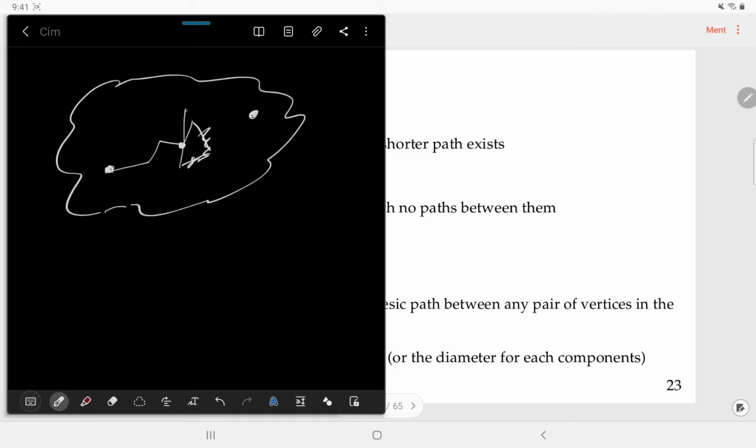So then of course there is actually an even shorter path. So it's always self-avoiding, the shortest path.